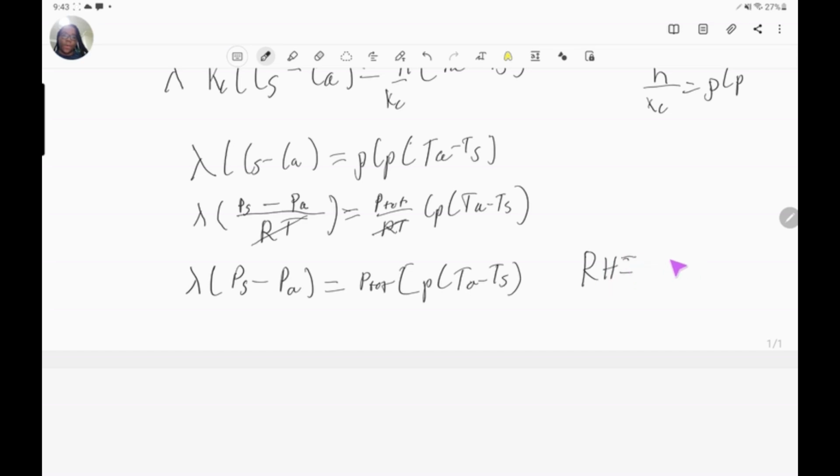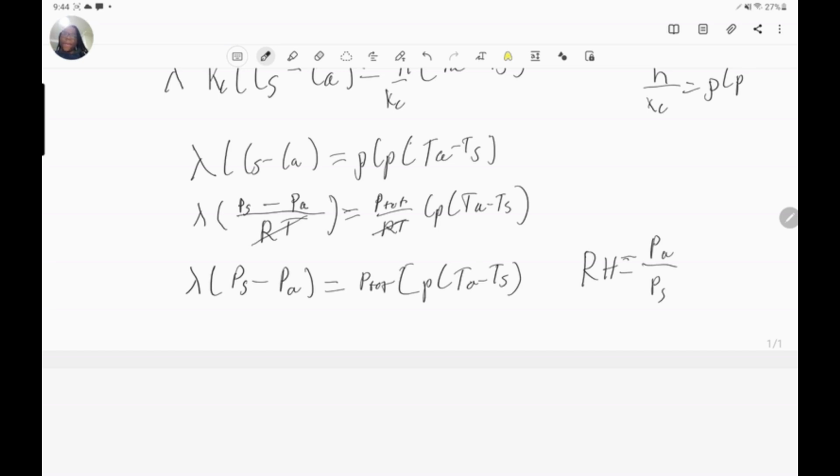And so our relative humidity is going to equal our partial pressure of water in the air, so our PA, over PS. Now, there's a lot that goes into this with our Antoine's equation, but to think about it more practically, the partial pressure of water at the surface is going to be our max, because the surface is going to be where it's most saturated.